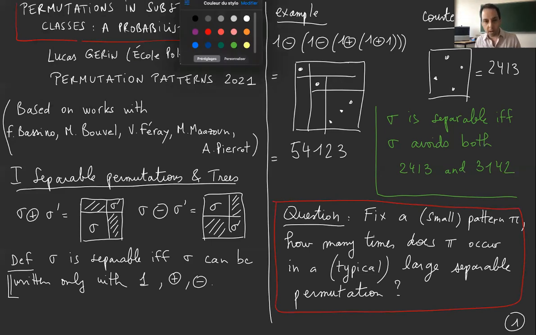To do so, it's more convenient to encode separable permutations with trees. So let's take my favorite example, 5, 4, 1, 2, 3. As I said, this is 1 minus 1 minus 1 plus 1 plus 1.